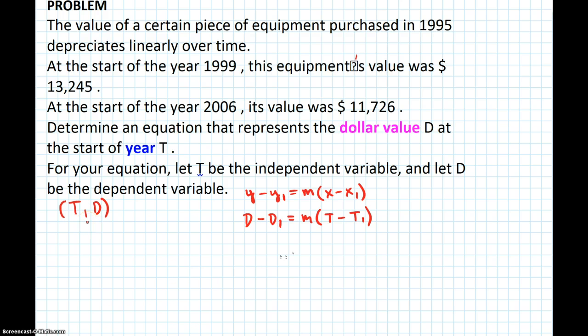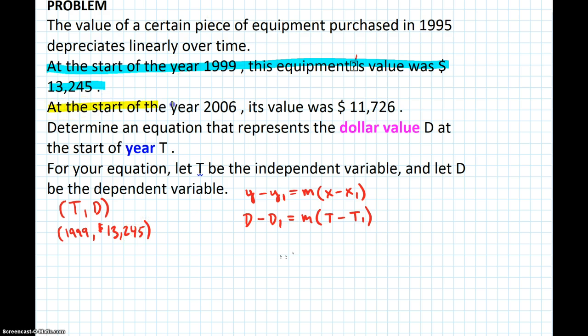Okay, now we need to look at our information and see what we're given. So this sentence here, we can represent as our first ordered pair. We're going to say the time, 1999, and the dollar amount that goes with that time is $13,245.